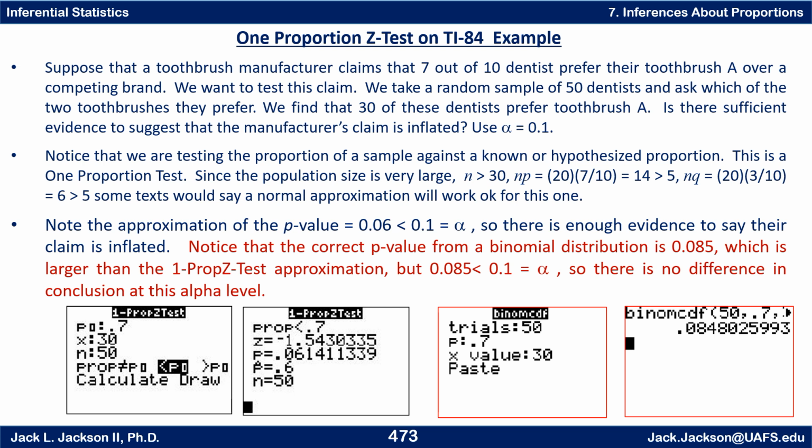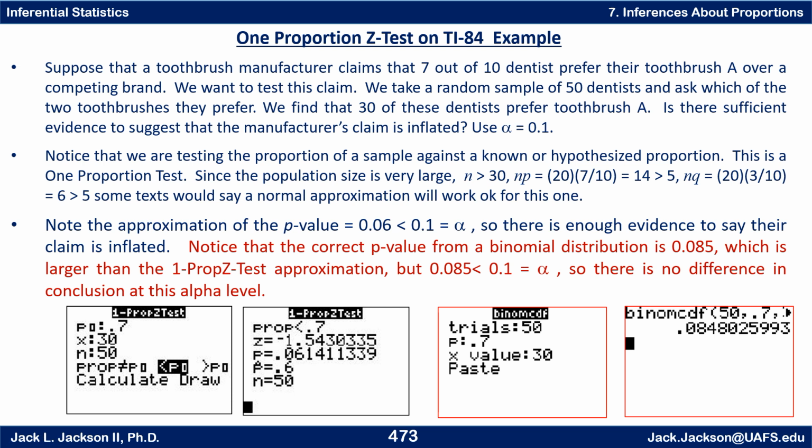Now, the correct value really should come from a binomial distribution here. So if we do it that way, instead of doing it with this, the correct value would be to do it this way over here. The number of trials is 50, the p-value is 0.7, the x value is 30, and just do that probability.